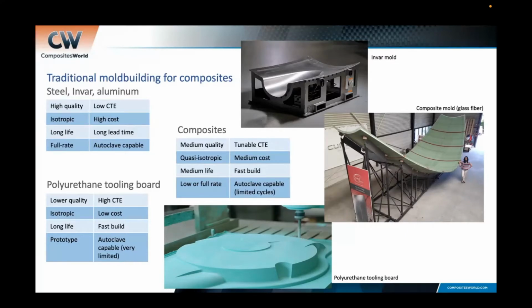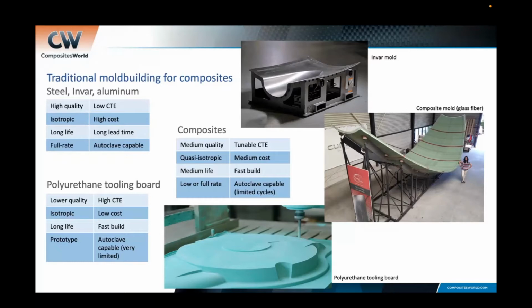In the middle are the composite materials themselves. Quality tends to be not quite as high, but the build speed is faster, and they are autoclave capable. CTE tends to be tunable, and they can be used in a low rate or a full rate manufacturing environment.